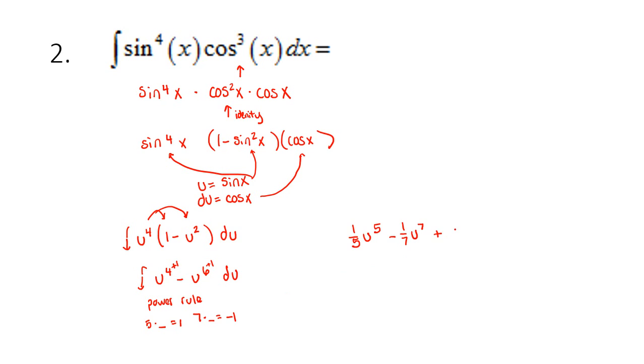Okay, and then since this is indefinite, it's plus c. Finally, we plug back in our u. And we can write the power with the sine like this. And that's it.